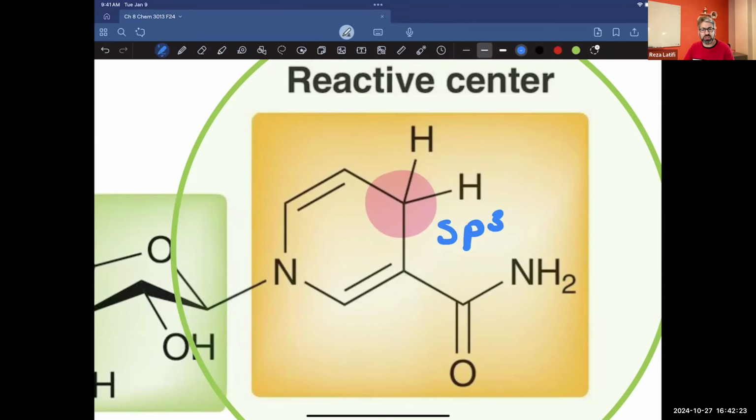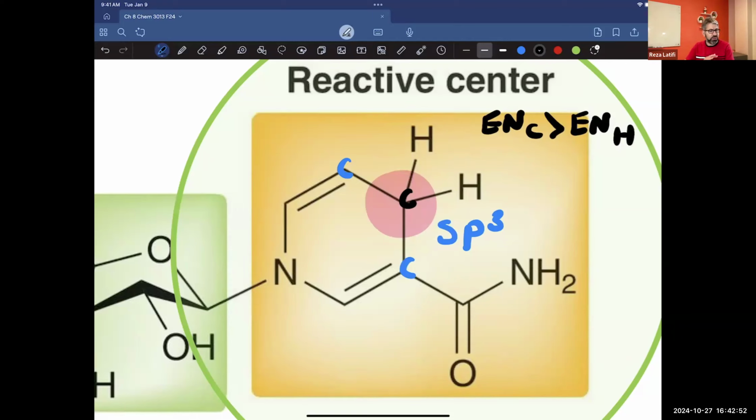And what's the oxidation number of carbon? If I assume these two carbons are identical, or not that different in electronegativity, they are different, in fact, but not terribly. The carbon in the middle is attached to hydrogens, and I know the electronegativity of carbon is higher than that of hydrogen.